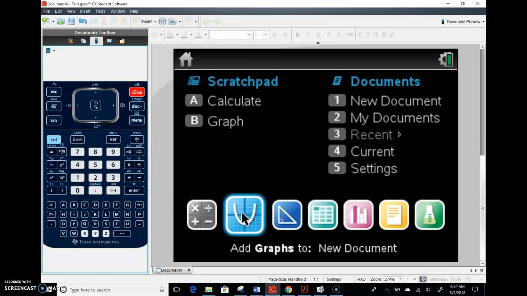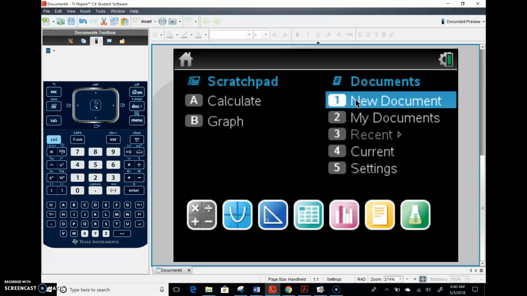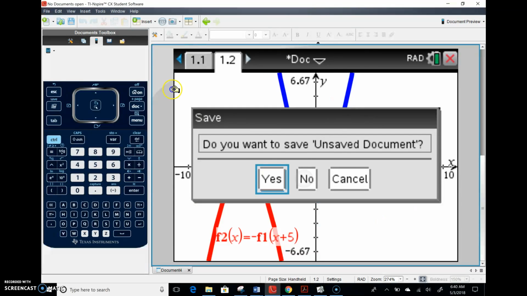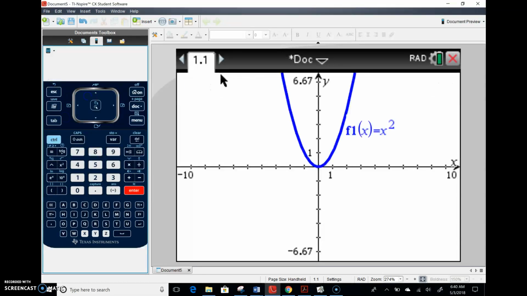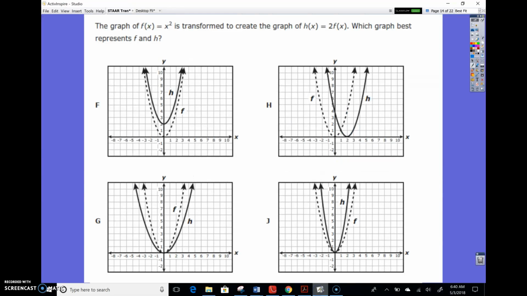Again, I like to do a new document here. I don't want to save, and I'm adding a graph. On this one, it's x squared. Now, h of x is equal to 2 f of x. So what am I going to do?